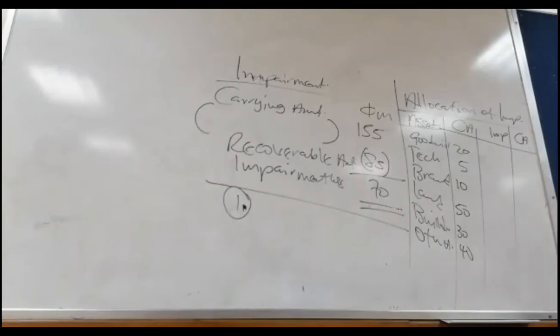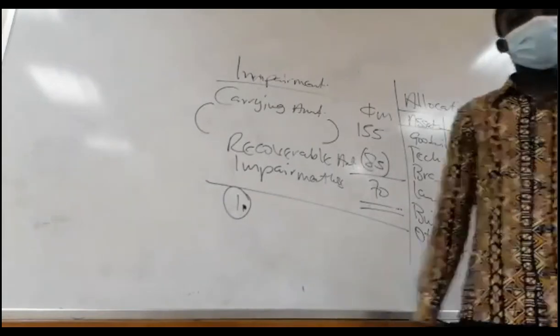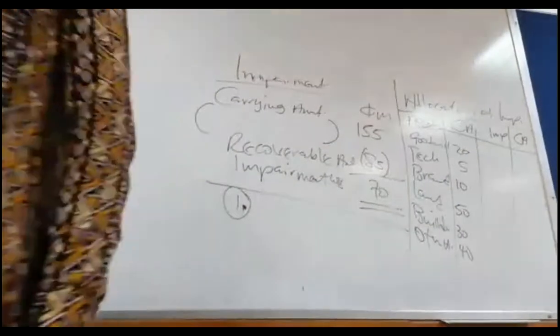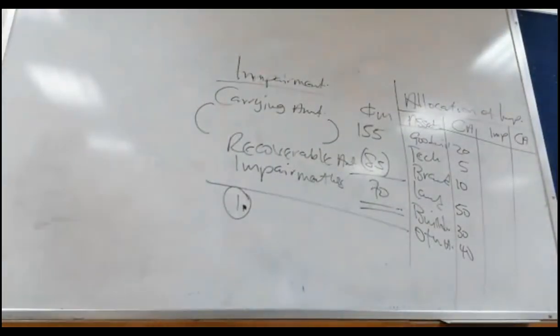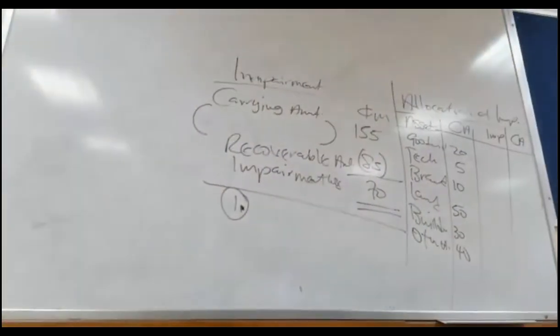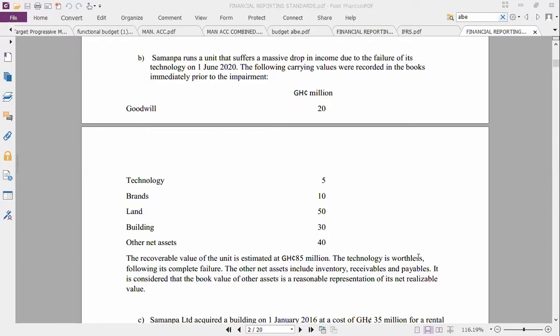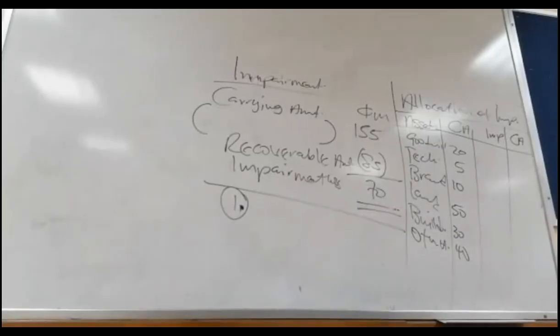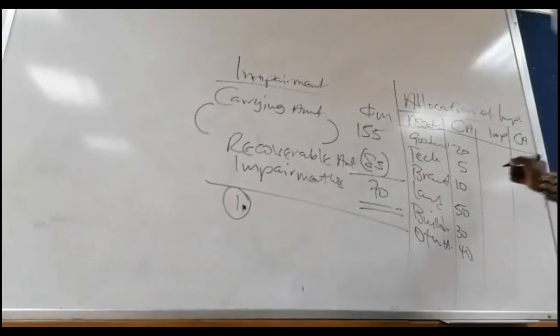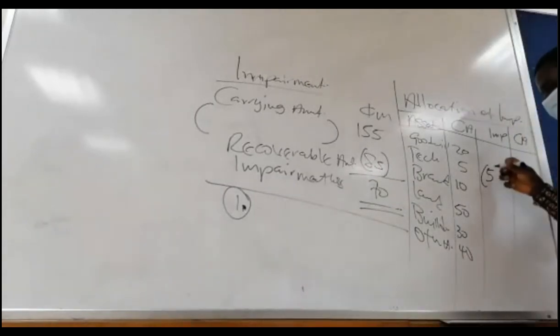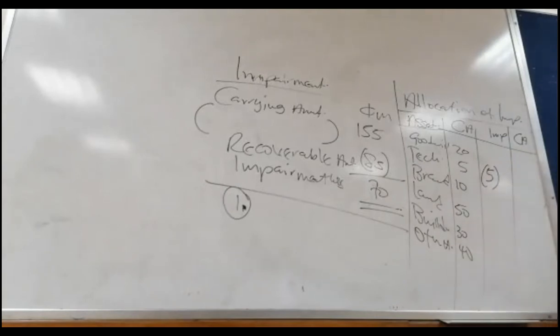One of the vehicles got burnt beyond recognition. This one is technology, right? Good. Let's go and read that note again. They said the technology is worthless following complete failure. So it must leave the system immediately. So technology is the first. Put it here and put it in brackets, to suggest that we are impairing that figure.